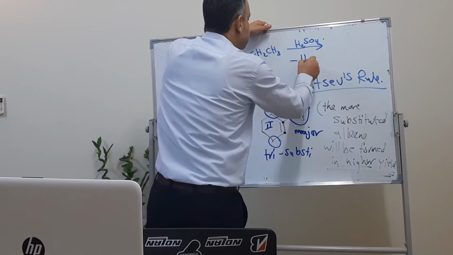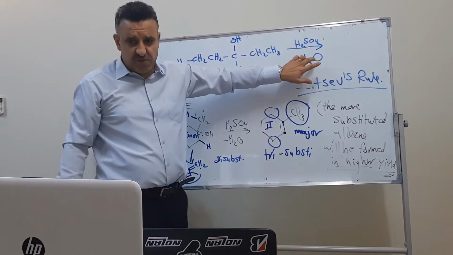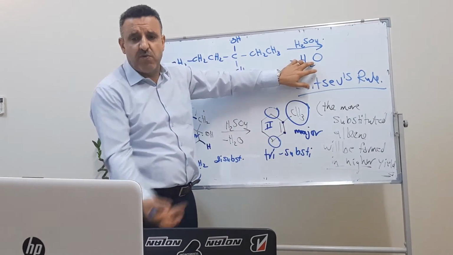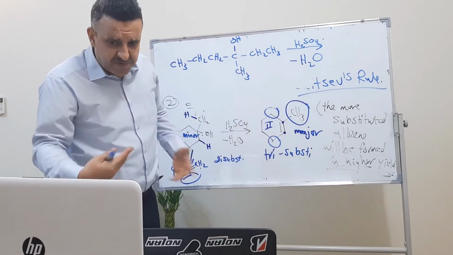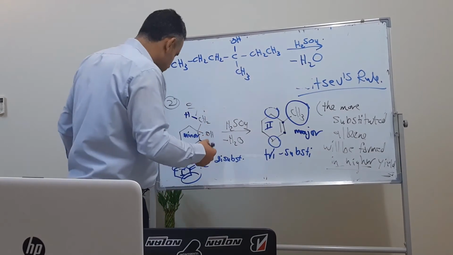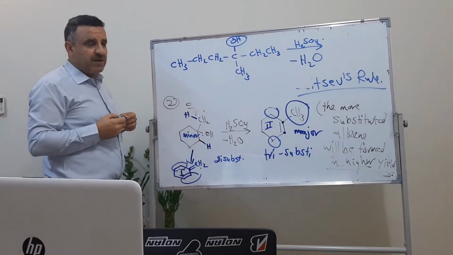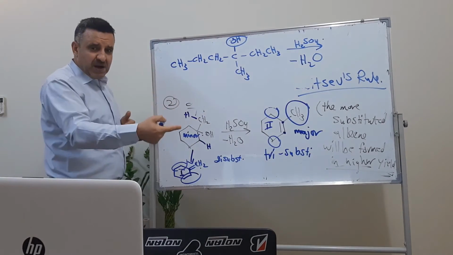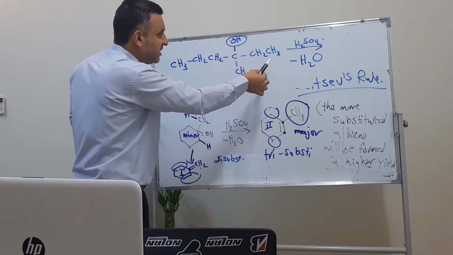In other words, the summary of the reaction is elimination of a water molecule. Part of the water molecule comes from the OH, and the other part, the hydrogen, comes from the adjacent carbon.